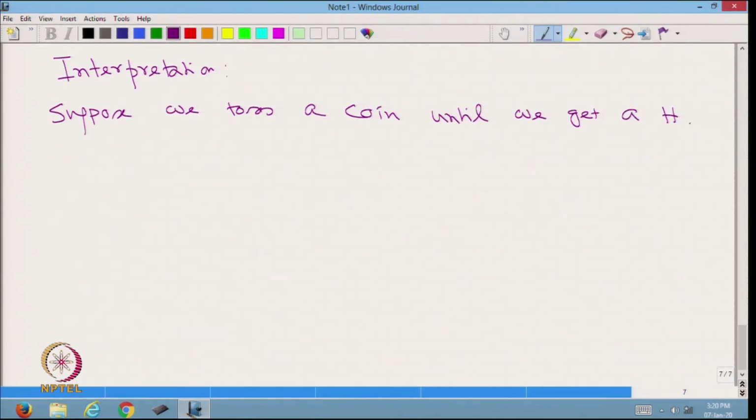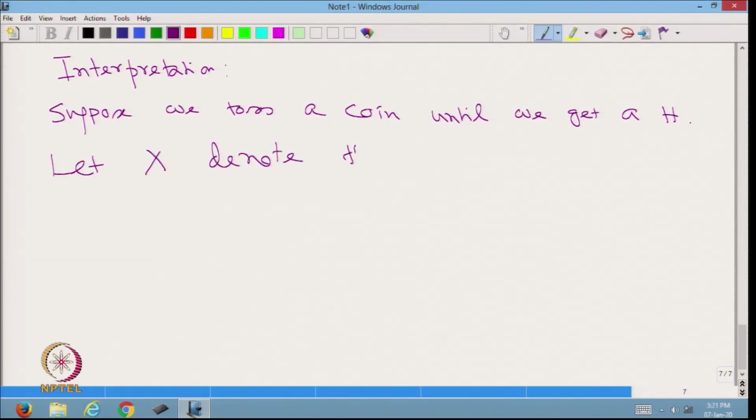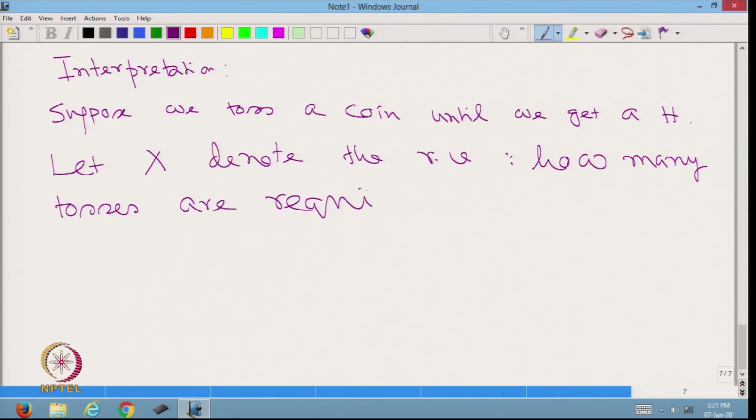So, how many tosses are required? Let X denote the random variable: how many tosses are required to get the first head.